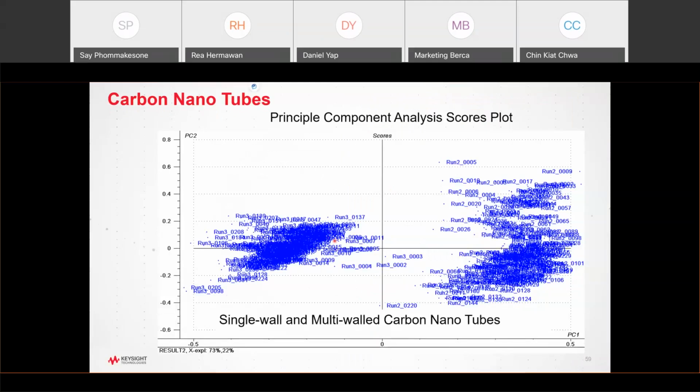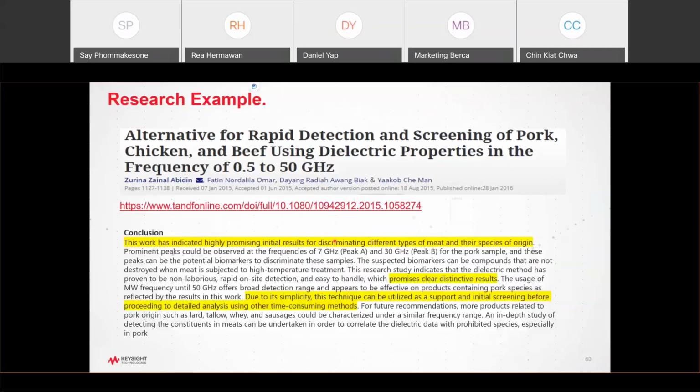Okay. Another example, I think I borrowed this from this particular website, courtesy of this article, and actually using the dielectric property to identify different types of meat, which is pork, chicken, and beef. So clearly the conclusion is that this work indicates a highly promising initial result of discriminating different types of meat and the species of origin.